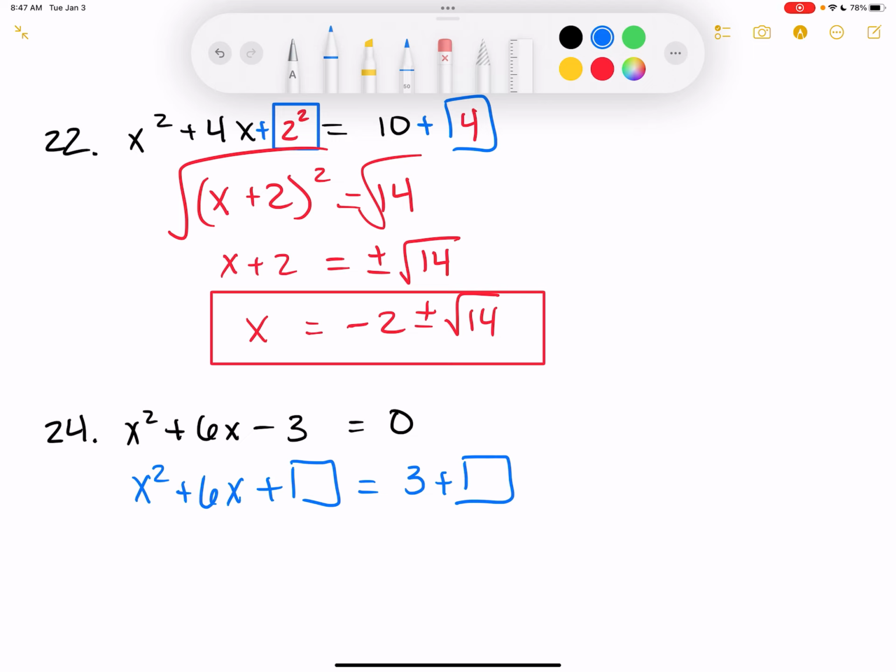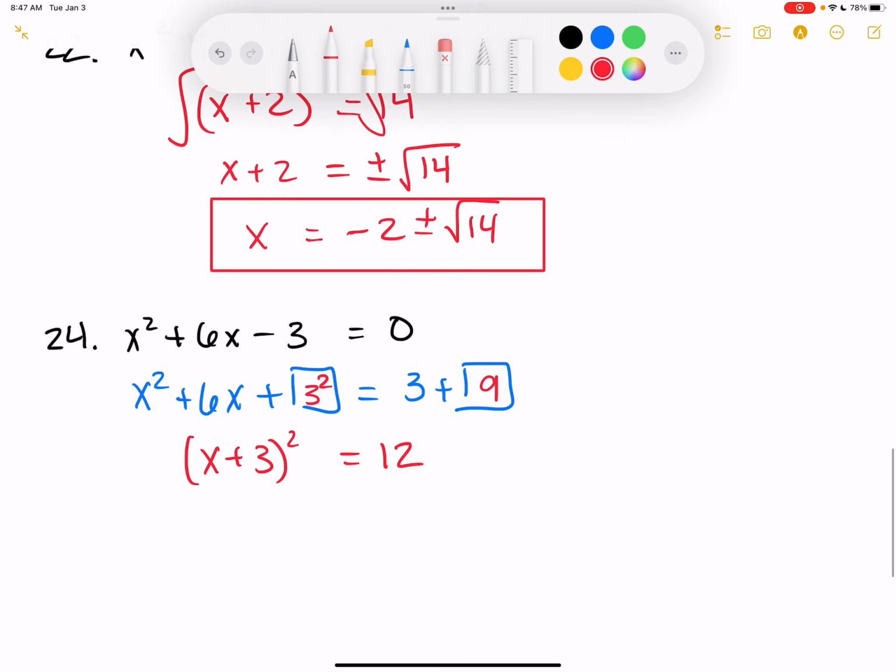So I need to figure out what's going in the boxes now. So what would go in my box? 3 squared. So half of 6 is 3, and we square it, and then on the other side I will go ahead and write that as 9. So what does that factor into on the left? X plus 3 squared equals 12.